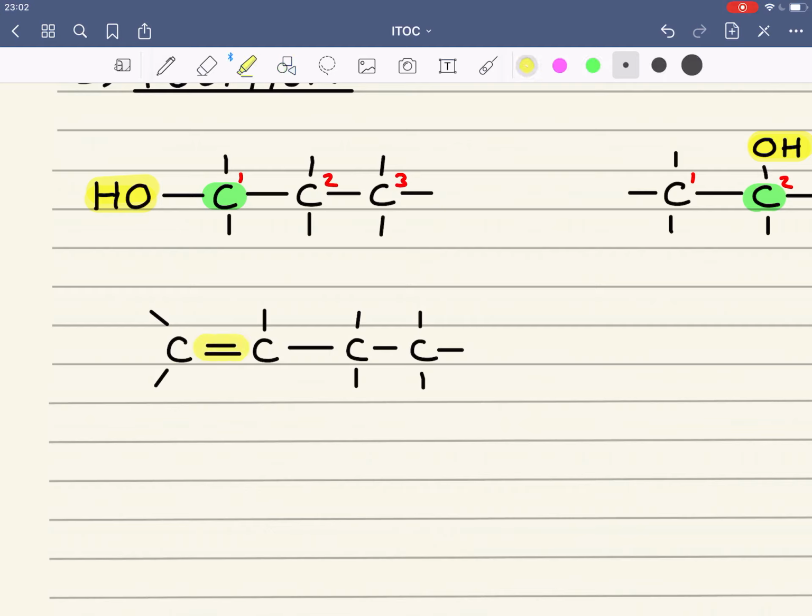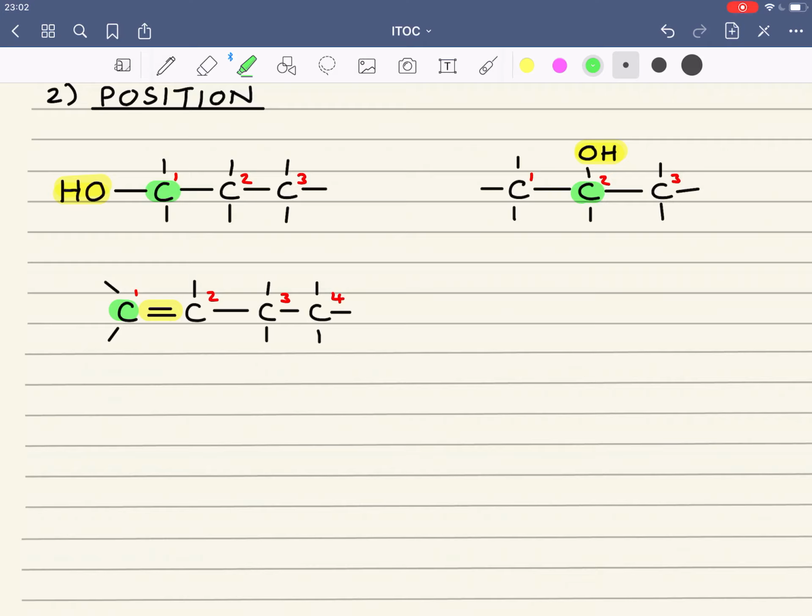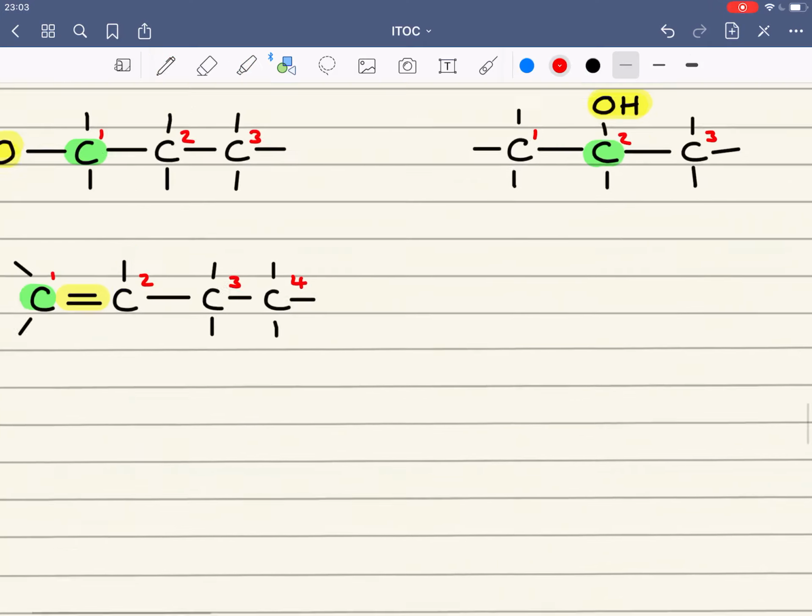So we've got my alkene there. That's my functional group, and we can see that it's on carbon number 1. The double bond is on carbon number 1. So I'm asking, can we draw a position and a chain isomer of but-1-ene?